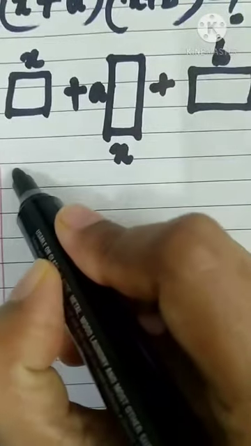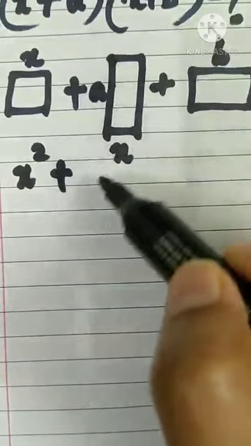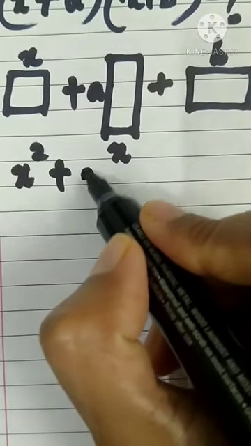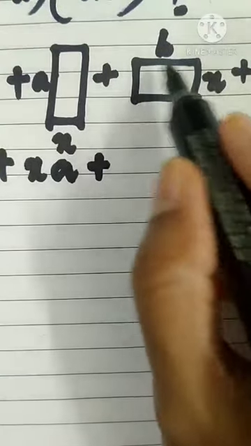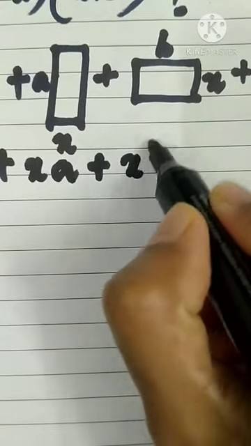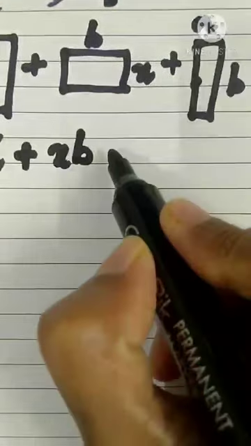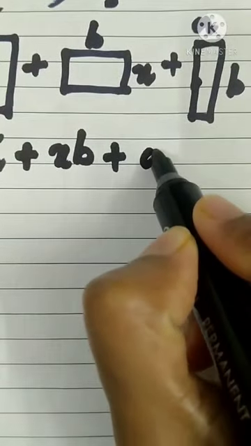So x means x square plus. What is the formula of area of rectangle? Length into breadth. So x into A, xa, plus area of this rectangle will be length into breadth. So xb or bx, anyway you can write, plus this rectangle's length and breadth is A and B. So length into breadth means AB.